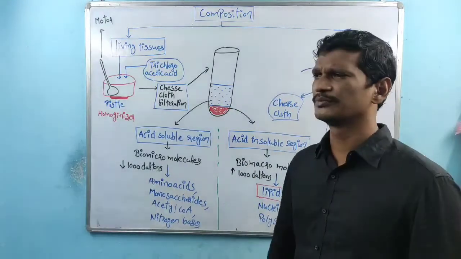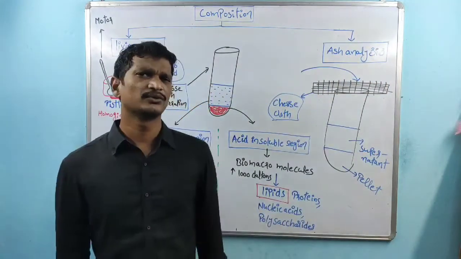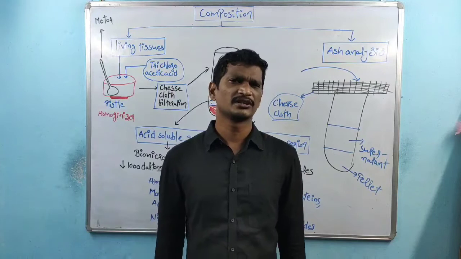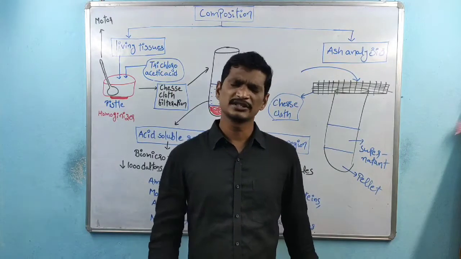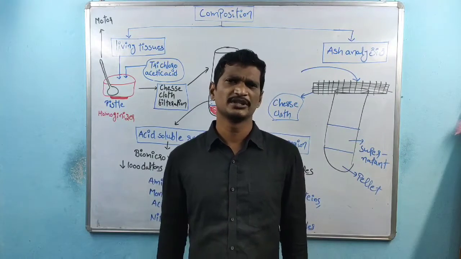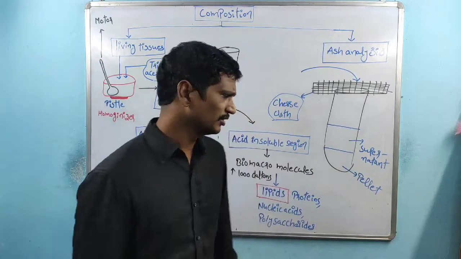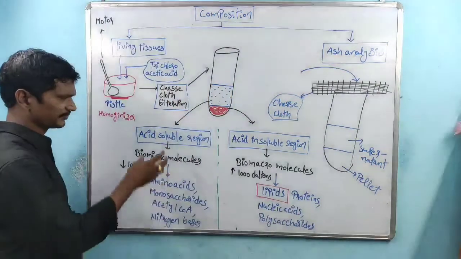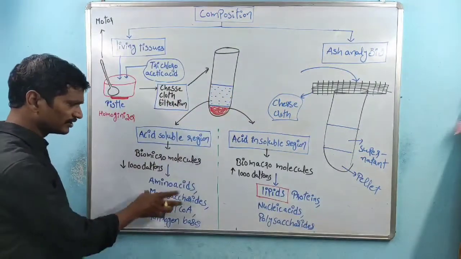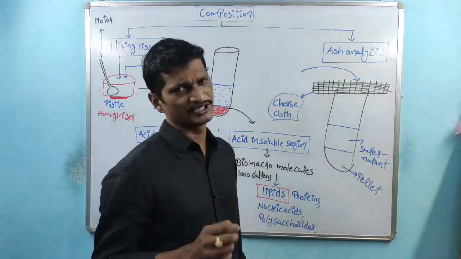And nitrogen bases: within DNA or RNA there are adenine, guanine, thymine, and cytosine, and uracil is present in the case of RNA. These are the nitrogen bases. So why are all these components soluble? Remember, they have a very small size.